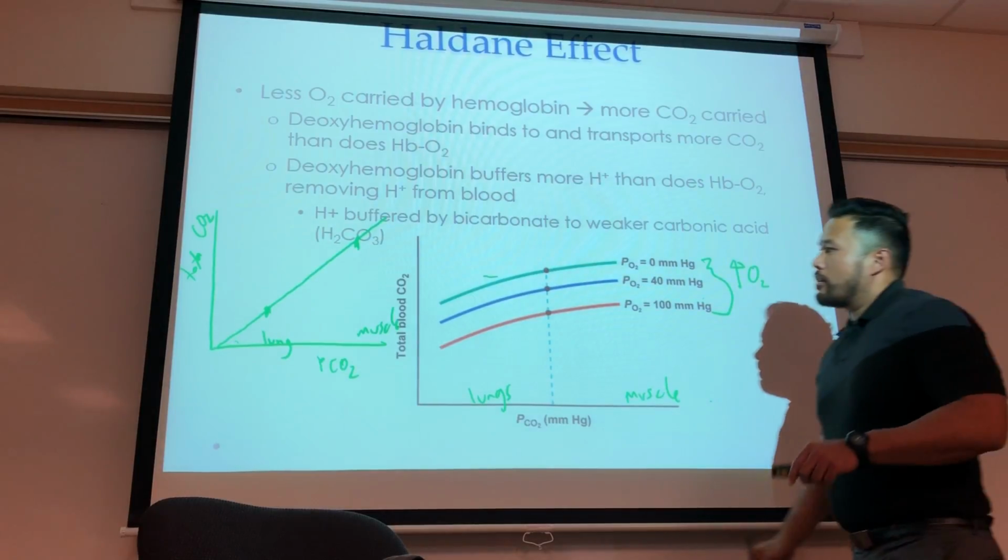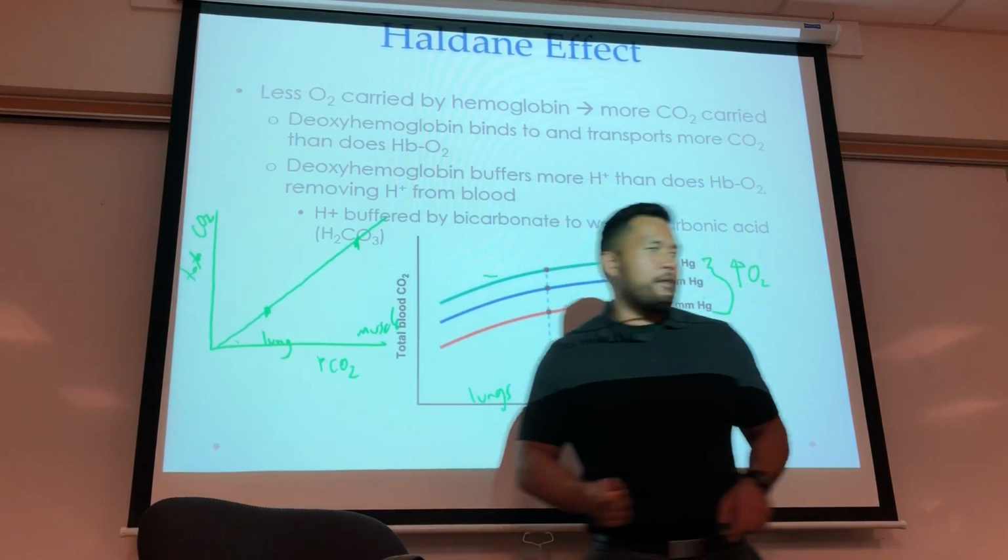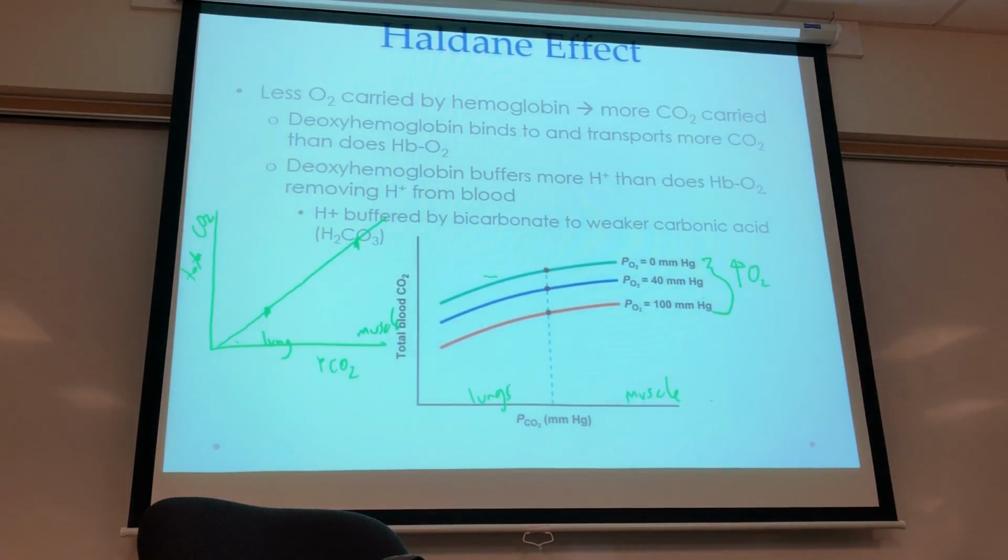Now, when we start to take a look at the effect of oxygen, the more oxygen, the less our carrying ability of CO2. The less CO2 we can carry in the blood. So we expect a decrease in this line.